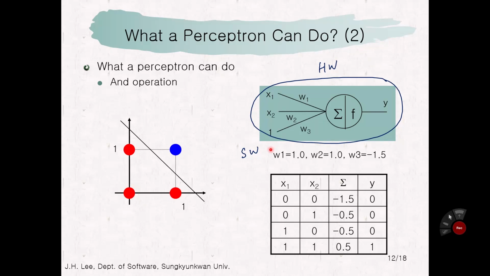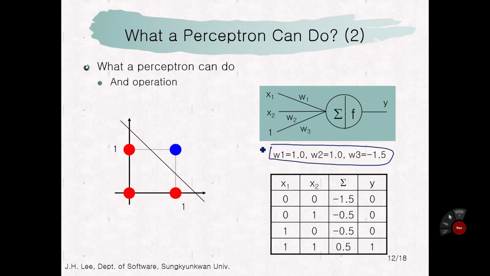Then some of you may ask this question. It corresponds to software, but it is not software, right? This corresponds to hardware, and this corresponds to software, but this is not software. You may say that. Is it software, or does it just correspond to software? What's your opinion?